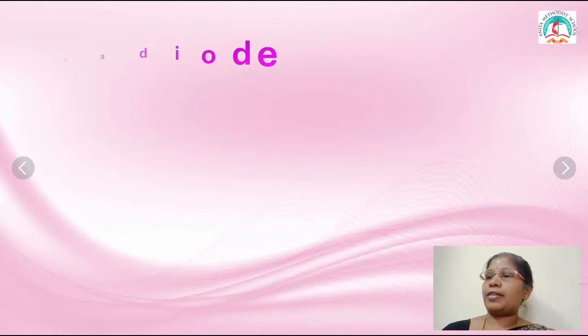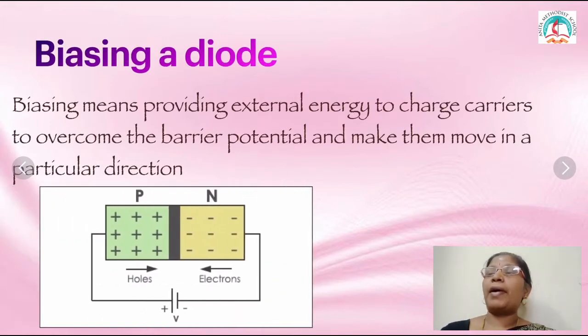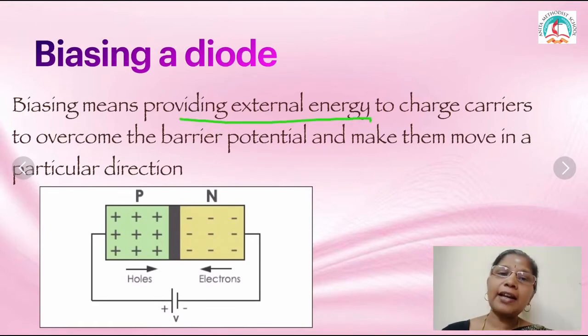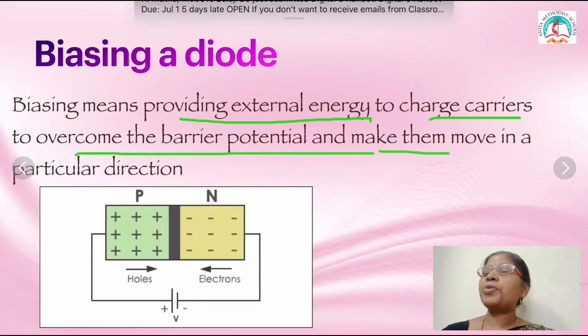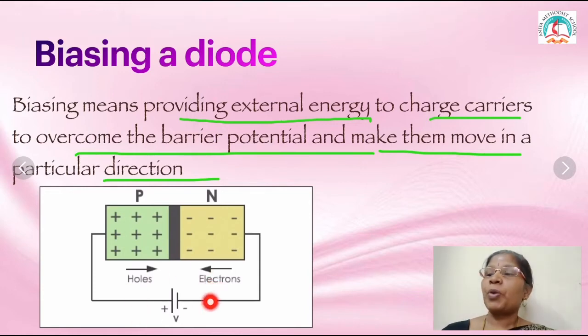Now the next topic is biasing a diode. What is meant by biasing? Biasing provides external energy to the charge carriers. Why do you apply it? To overcome the potential barrier and make them move in a particular direction. So when you apply the external voltage, what happens?